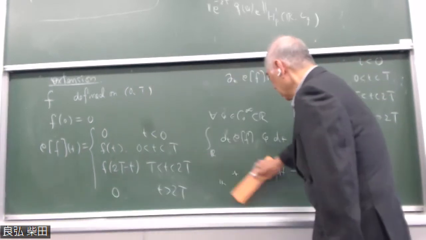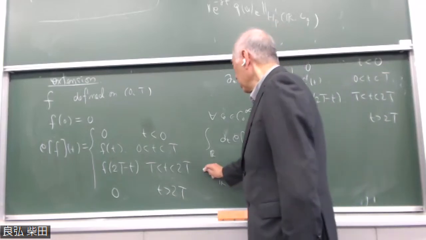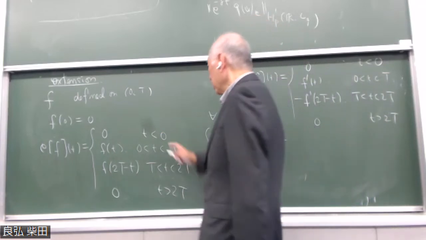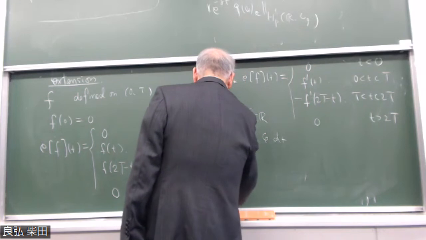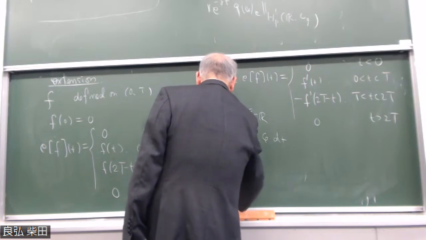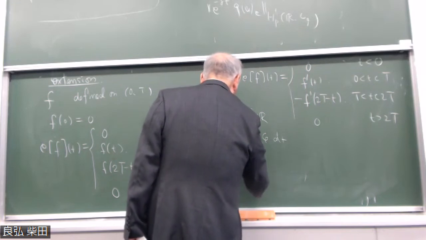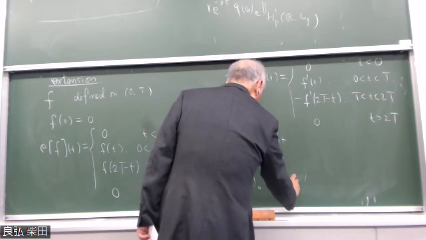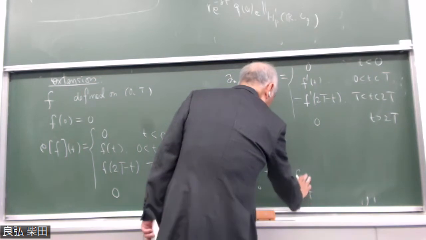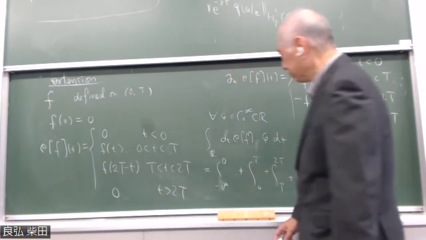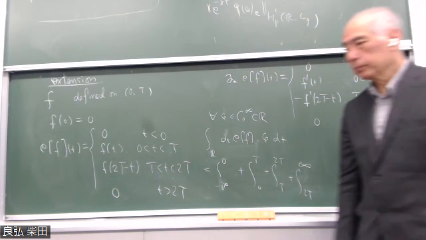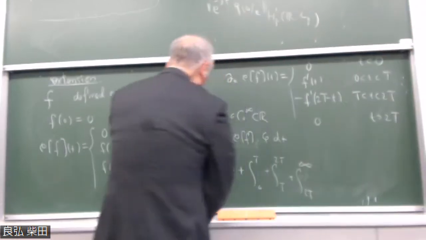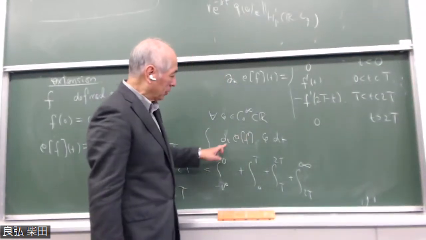Okay, sorry, you have to divide the interval into four parts: minus infinity to 0, 0 to T, T to 2T, and 2T to infinity. And then you make integration by parts.